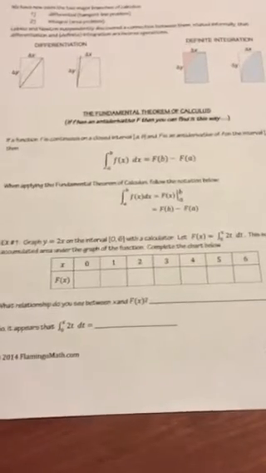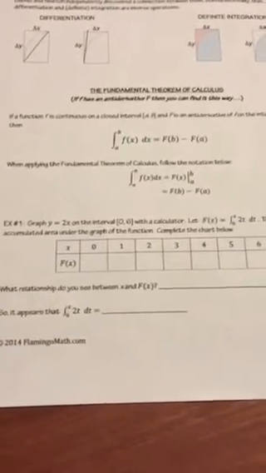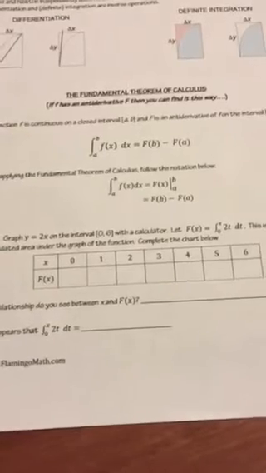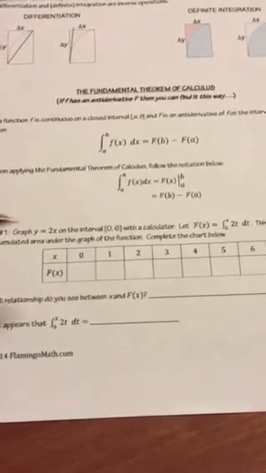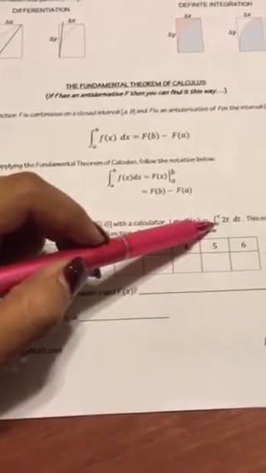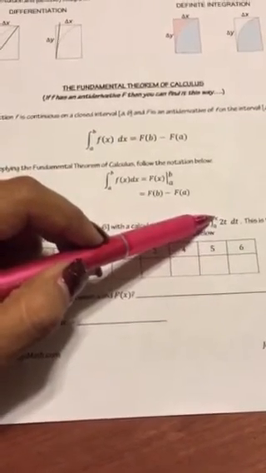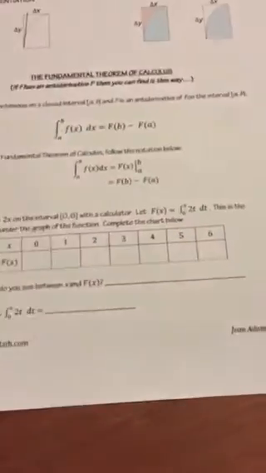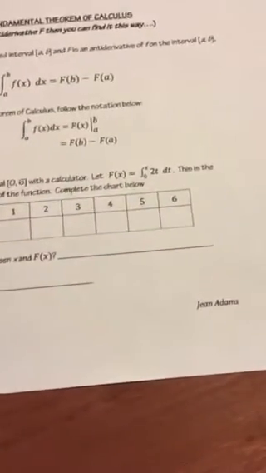So they want us to complete the chart below. If I had a calculator, I would show you what it would look like, and we can actually do this in class tomorrow. However, 2x is a line, so if we're going based on the integral from 0 to 0, well, we haven't really gone anywhere. So the area of that would just be 0.